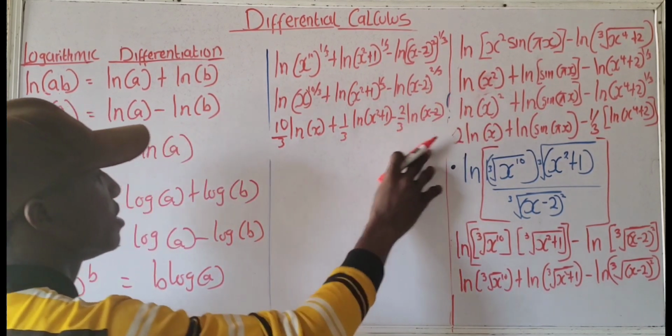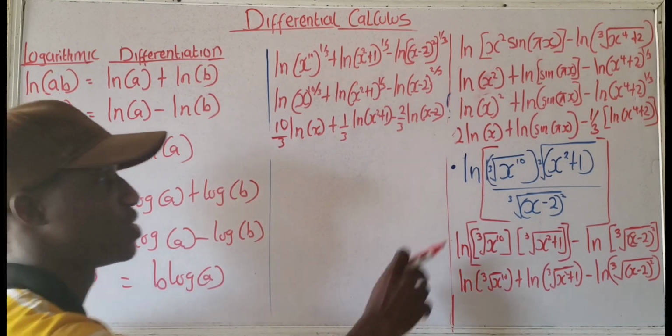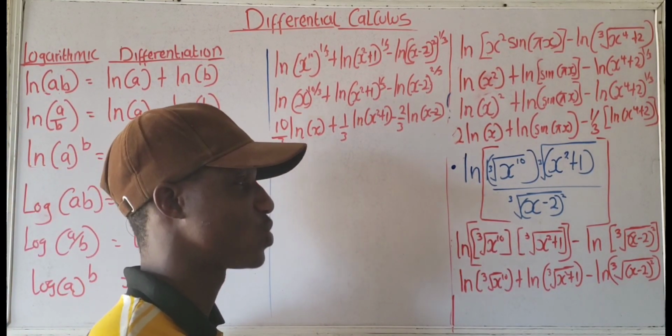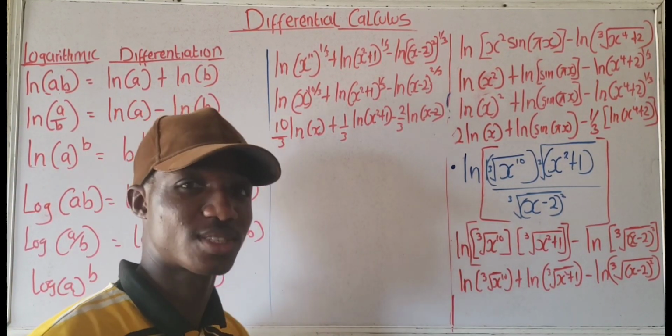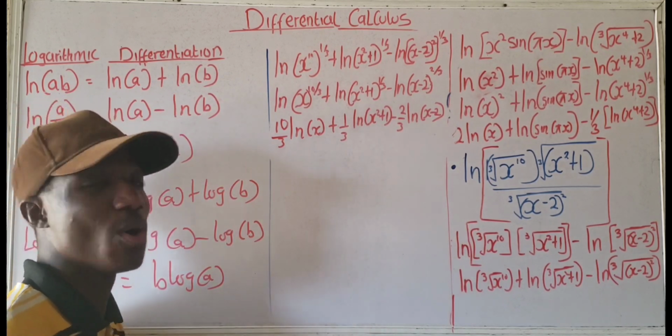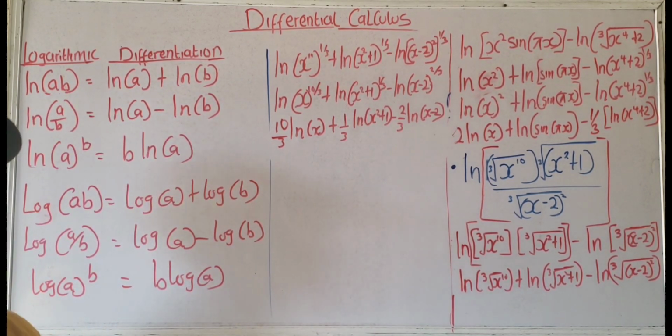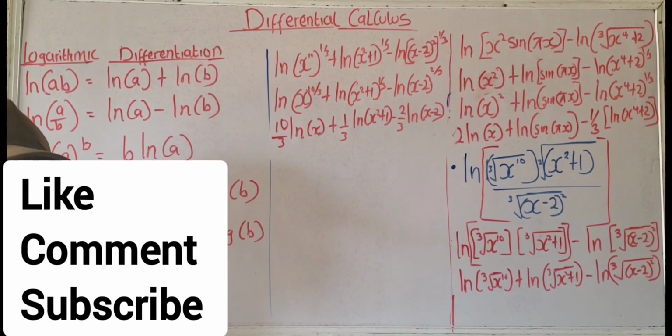You can see that it is easy to differentiate this function compared to when it is complex. You understand? So the goal of expansion is to help us simplify our function so as to enhance the ease of the derivative. So master this very well, because by the time we proceed to the derivative of a complex logarithmic function, you won't find it hard.